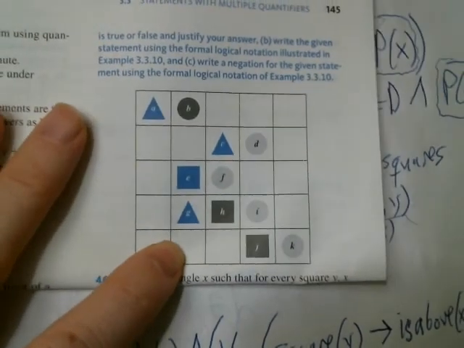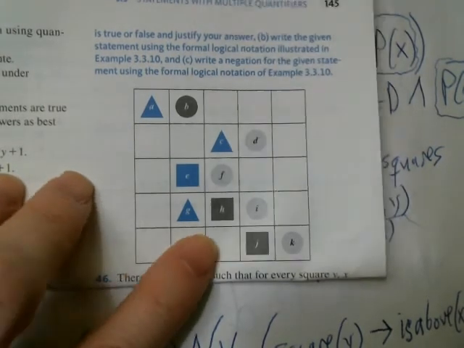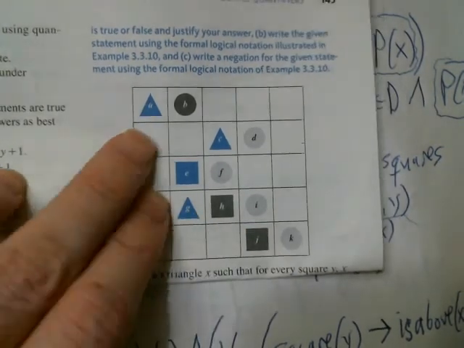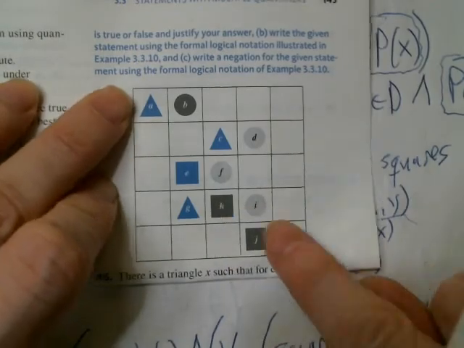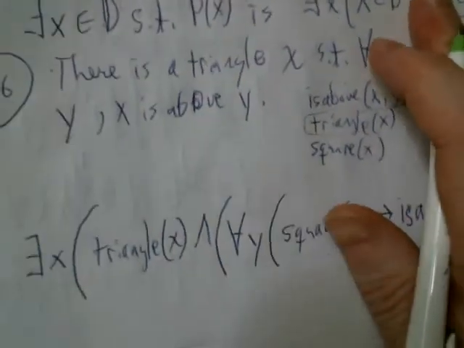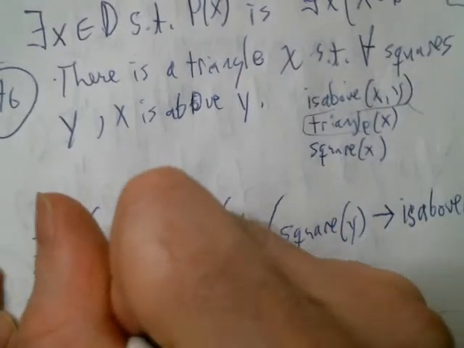So here's our Tarski diagram again. So what was it asking? There exists a triangle such that for all squares, the triangle is above the squares. Right? Yeah, this triangle will work for all squares, right? So that is true. There could be more than one.